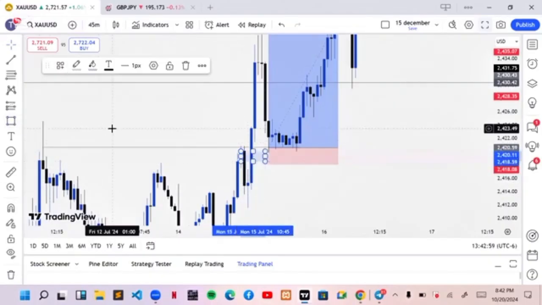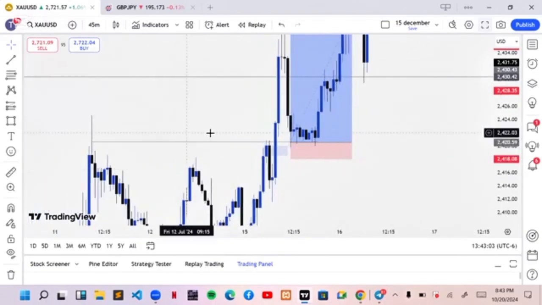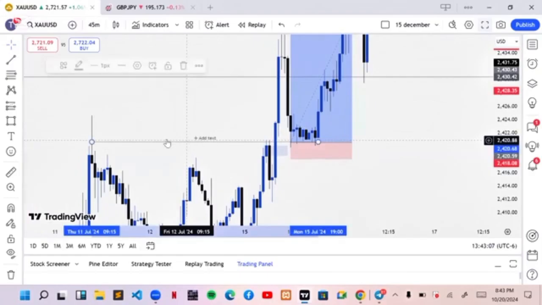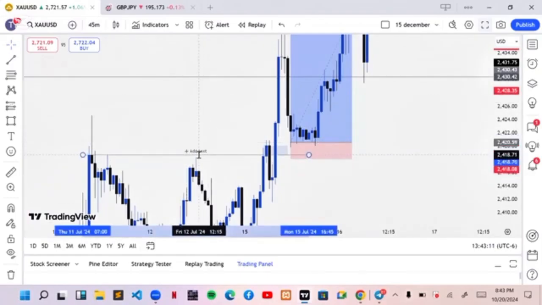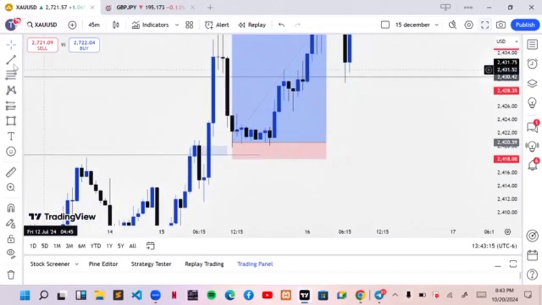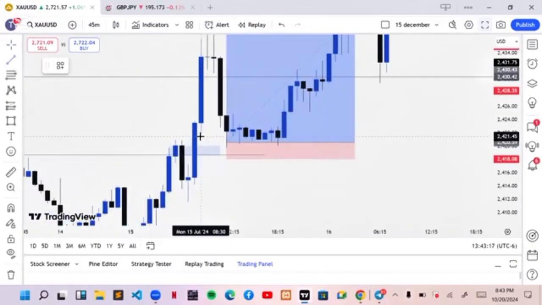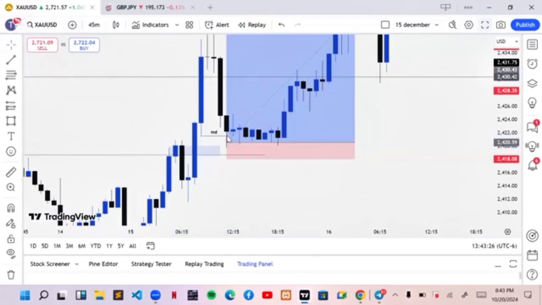Then there was a break of structure, market breaking past a resistance level here. After market broke past this resistance level, it made an inducement. That's a pullback, which is this wick right here. This wick is the pullback that market made. This is our inducement right here.